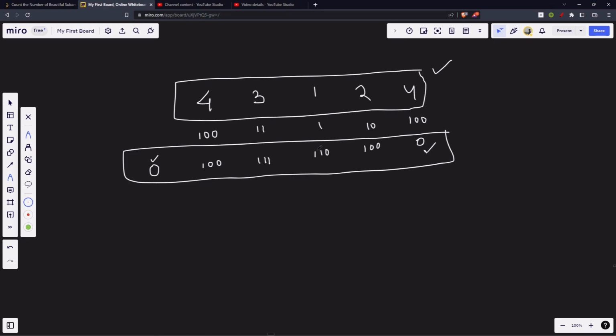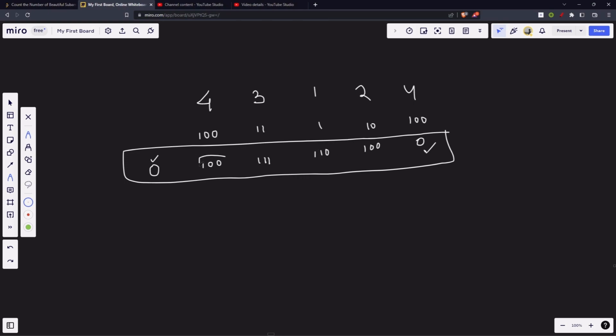Fine. One more thing to observe is that here we have got 100 as our prefix XOR. We are doing a prefix XOR, right? And we have got again 100. What does that mean? It means that when we had 100 in our hand, and when we XORed all these elements in this range, we got a 0.